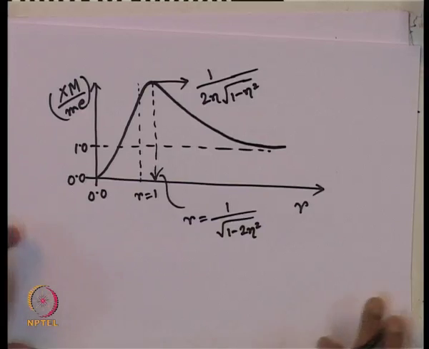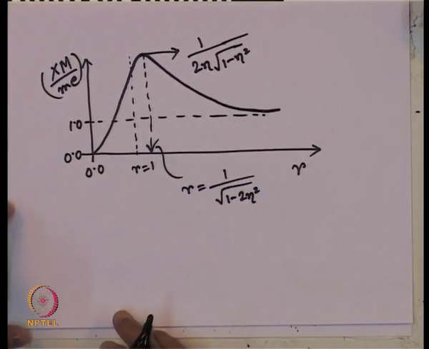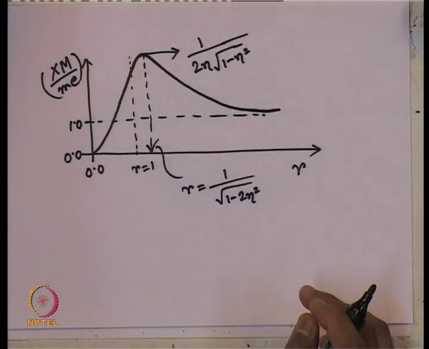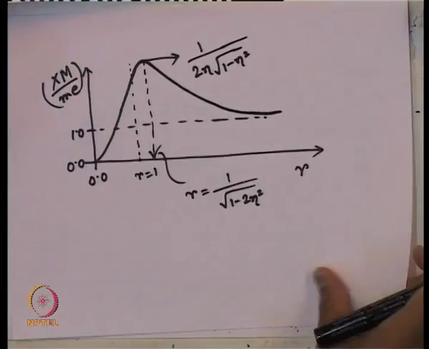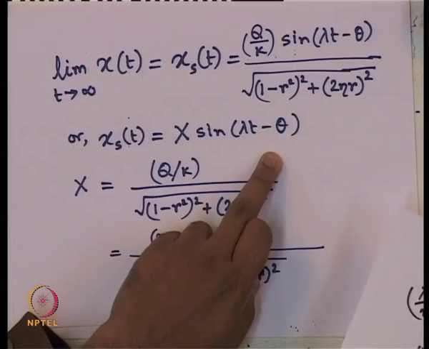And how does the phase vary? If we look at the expression, the phase will vary in the same manner, because this function is also harmonic in nature. Let me put back the equation once again for you. So, this variation is again harmonic.